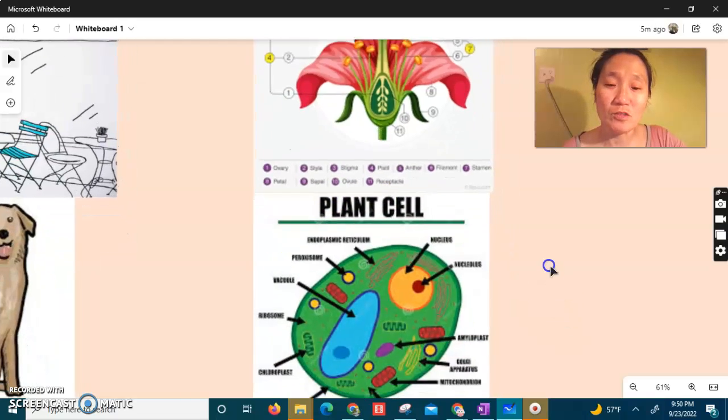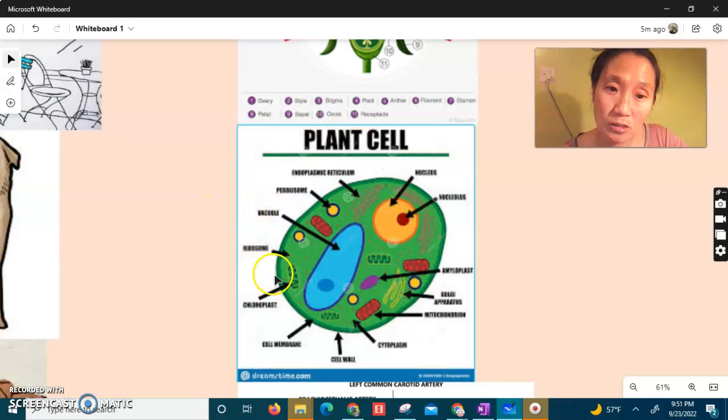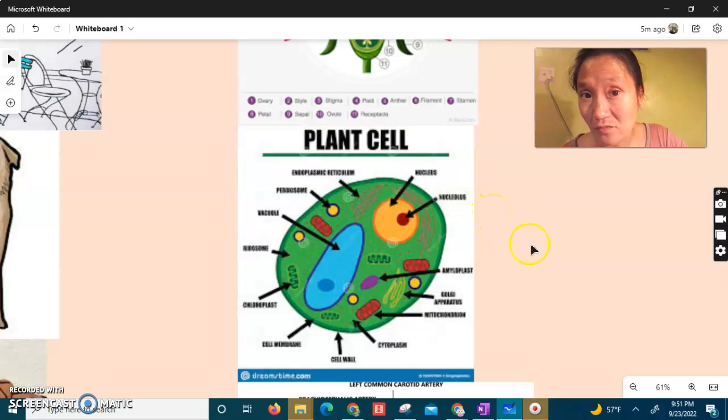Okay? So if we scroll down to the plant cell, again, this is a hand-drawn illustration with labels telling you what the parts are, which are very important because if you don't know what makes up the pieces, bits and bobs of a living thing or a car, then you need a diagram to show you.